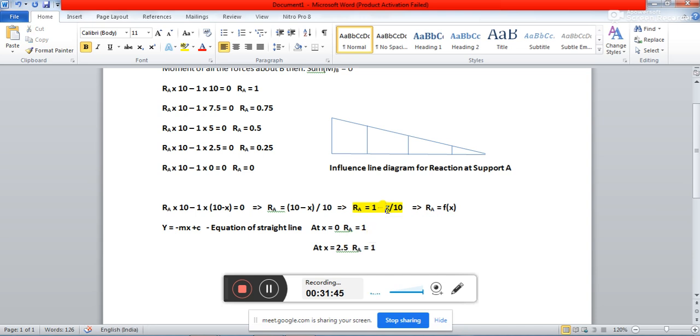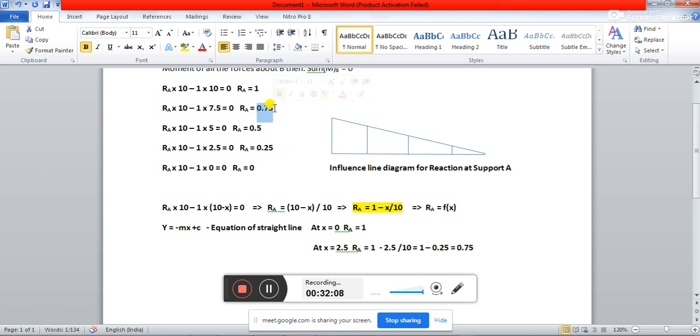So 2.5 divided by 10, so it is going to be 1 minus 2.5 by 10, which is nothing but 1 minus 0.25, which is equal to 0.75. Are you getting this value and this value the same?